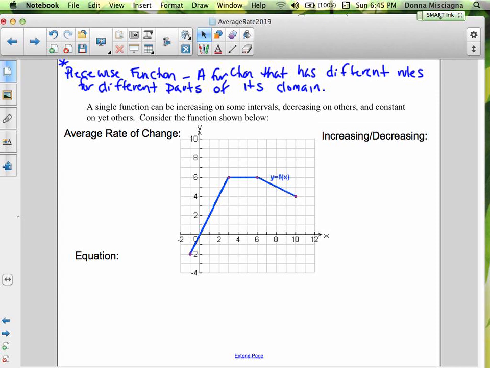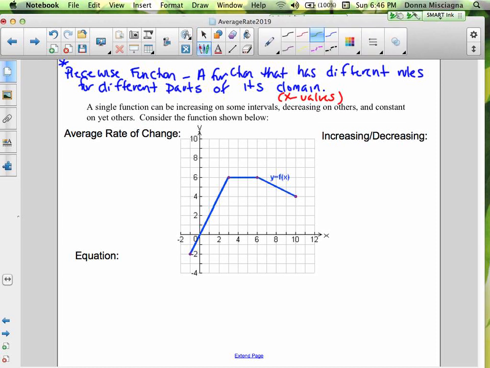And we remember that domain are x values. So we're going to find the average rate of change, determine whether the function is increasing or decreasing, and then I'm going to show you how to write the equation.